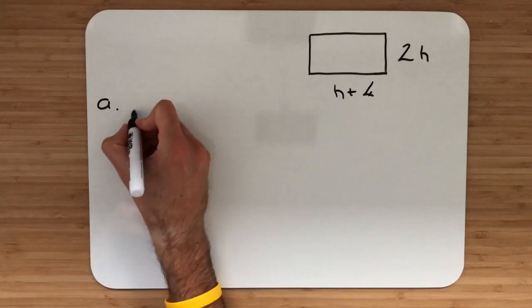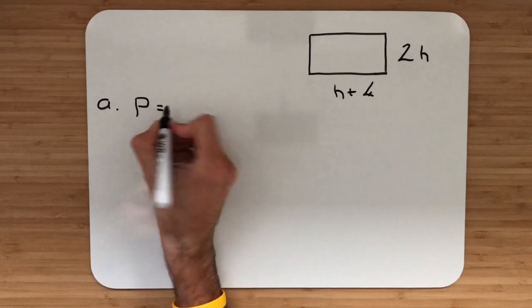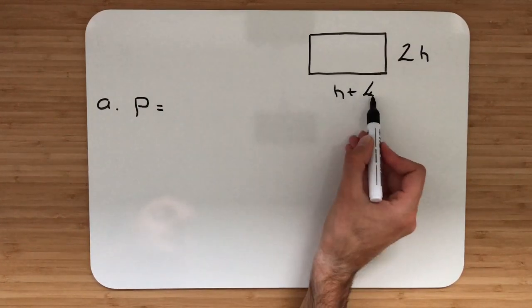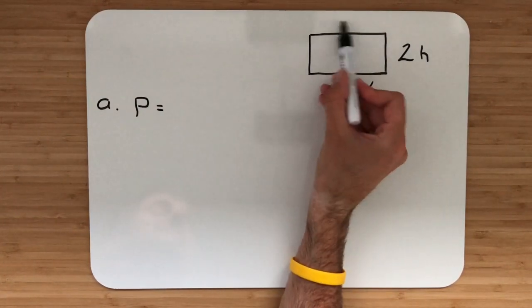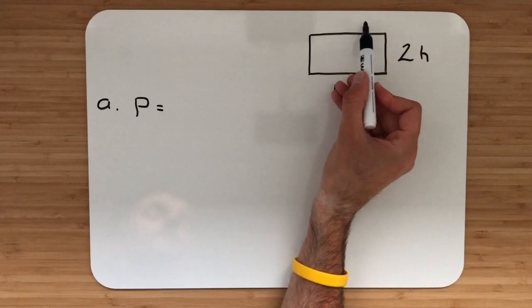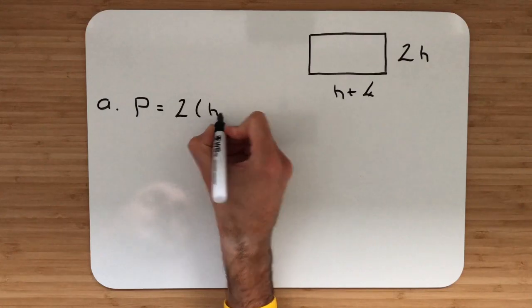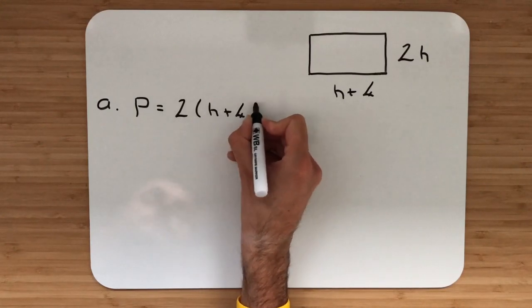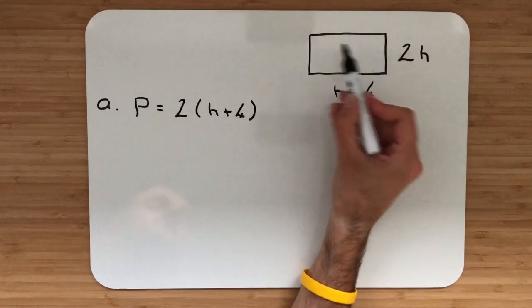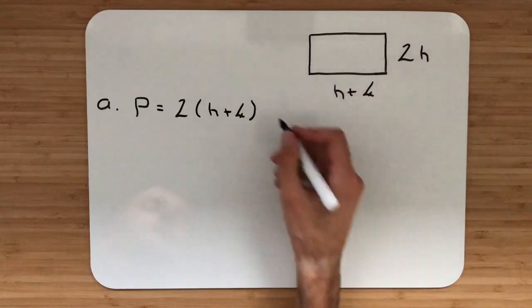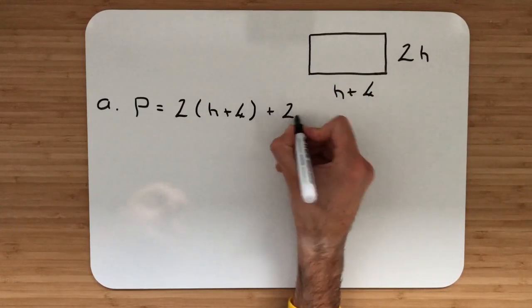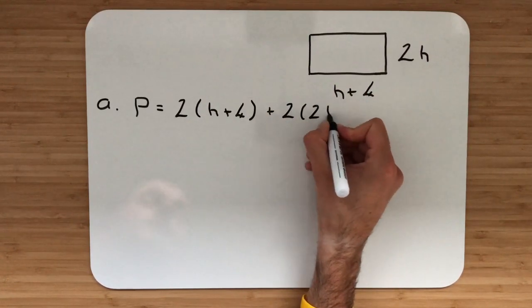So, we're going to begin with capital P for perimeter. We have an h add 4, which also means this will be h add 4. So we have 2 lots of h add 4. Then we're going to have 2 lots of 2h.